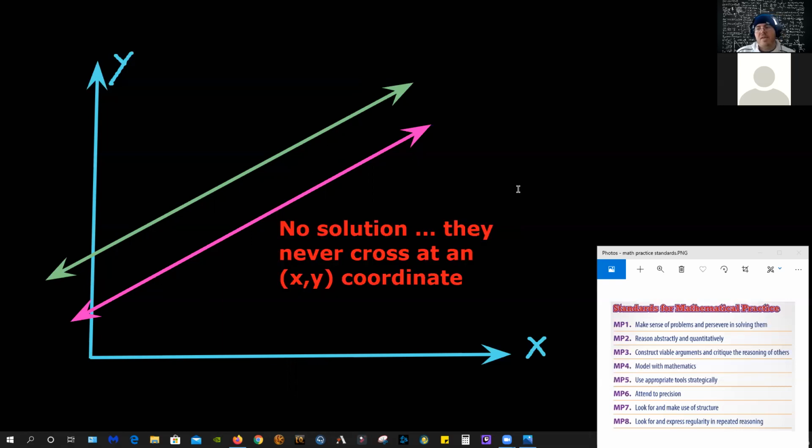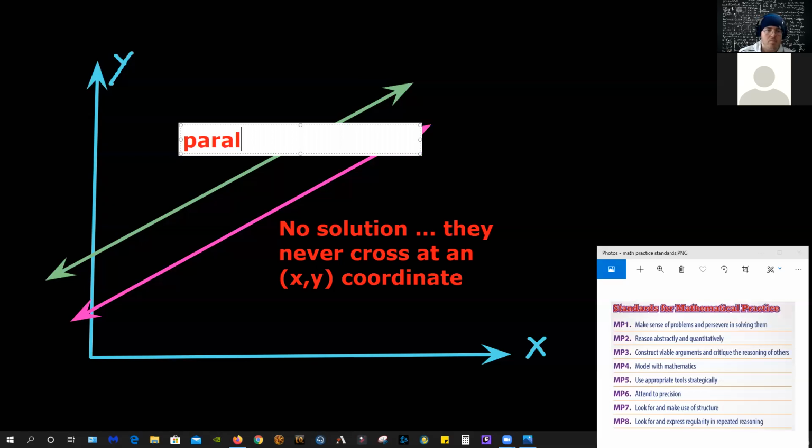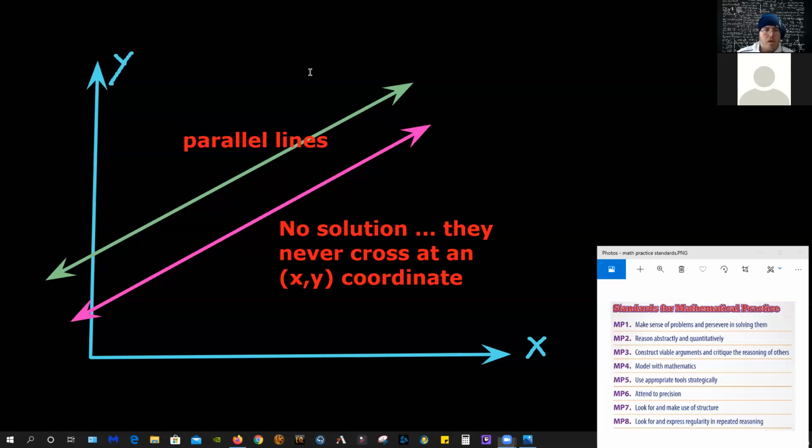So what we say here is that they have no solution because they never cross at an xy coordinate. They are parallel. If they are parallel lines, they have the exact same slope and they will never ever cross. They'll never touch. So this is the one where there's no solution. But then there's the third option.